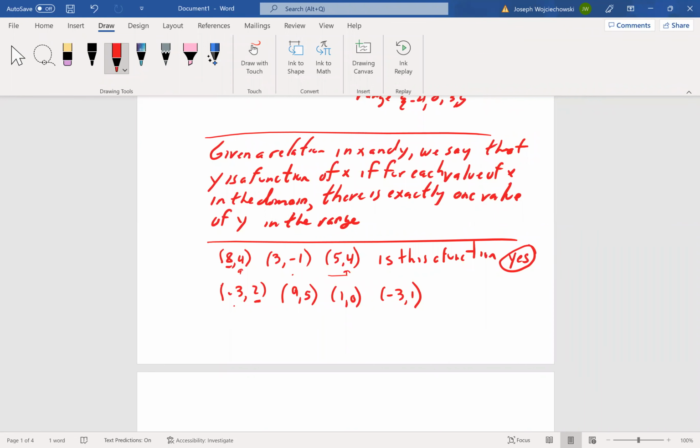That's okay so far. 9, I have a value of 5. Okay. 1, I have a value of 0. Here I have -3 and a value of 1. So this is not a function, because for the value of -3, I have two different values of y. That means it's not a function.